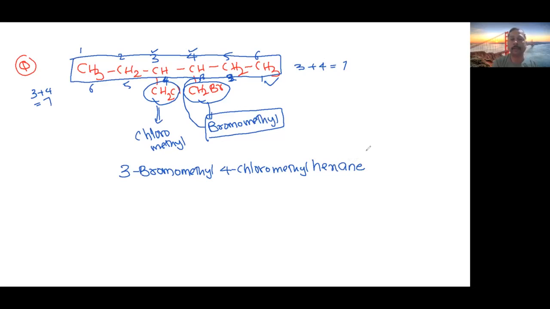Now I will write all functional groups which are treated as a substituent. First substituent will be halogen. Halogen is a functional group but treated as a substituent. And second, ether. Ethers are also a functional group, but they will be treated as a substituent. Nitro group, they are also a functional group, but they are treated as a substituent.